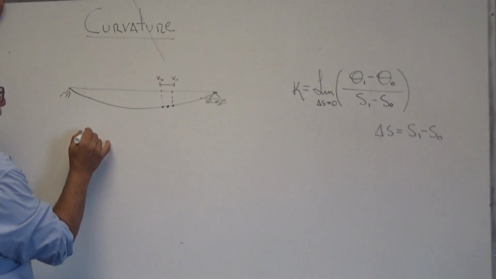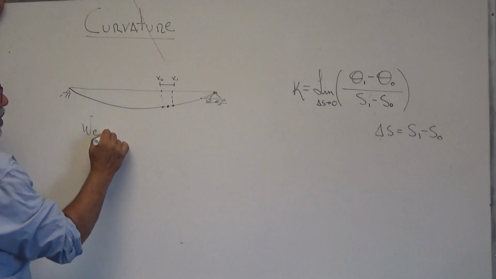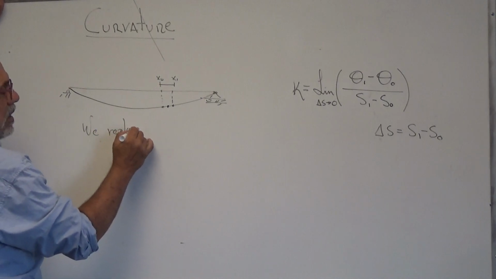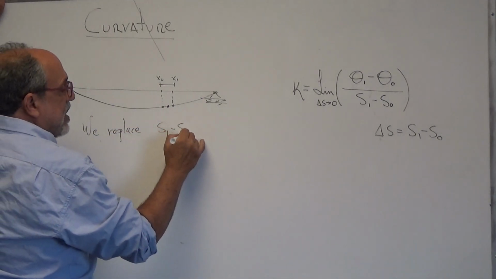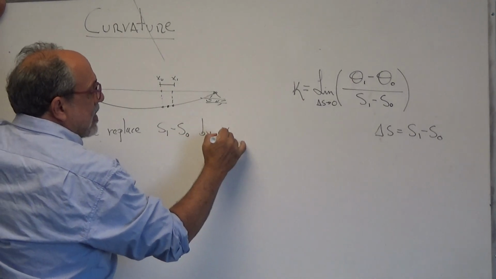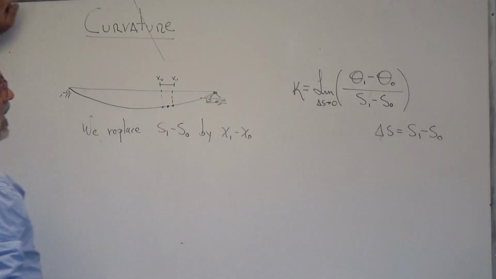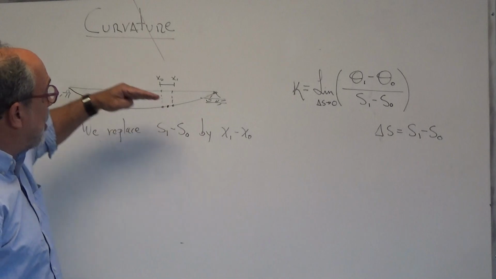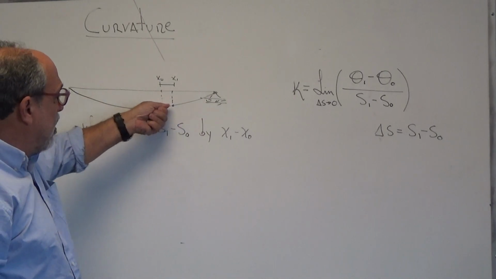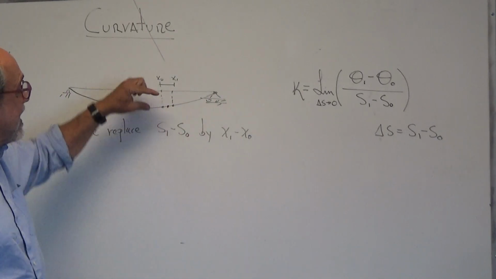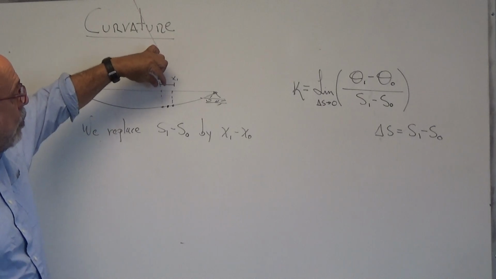In other words, we replace S1 minus S0 by x1 minus x0. That is, we do not divide the change in the angle by the length of the beam between the 2 points, but by the distance in the horizontal before the beam deformed.